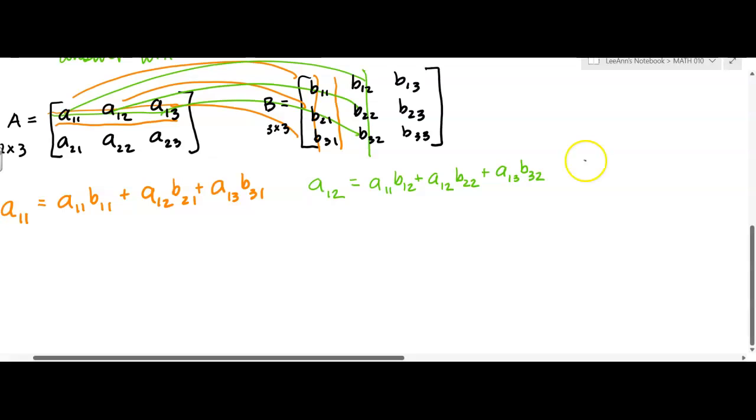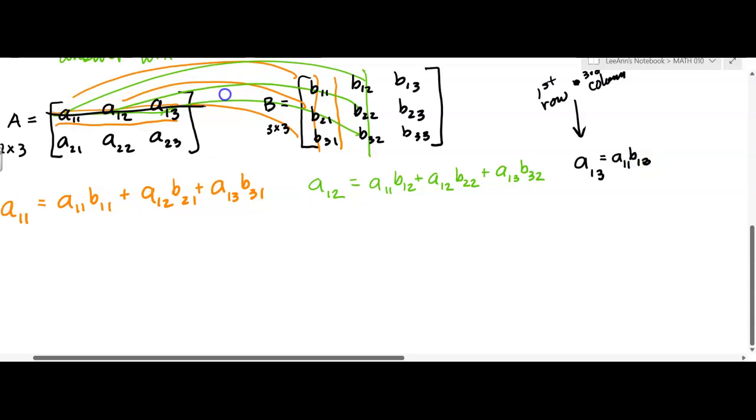Okay, so then we're going to do the last element, which I'm going to kind of run out of room here, but I'll try to squeeze it in. So we're going to say A13. So we're talking about the first row times the third column. That's what we're talking about right there. And so you go A11 times B13.